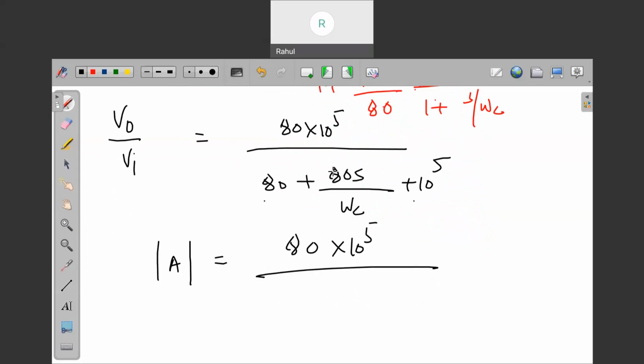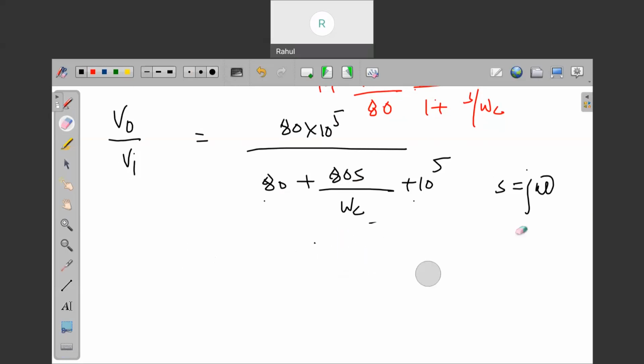So you can plug s equal to j omega here. Understand? So what is omega C given in the question? Omega C, I mean fC, was given as something.